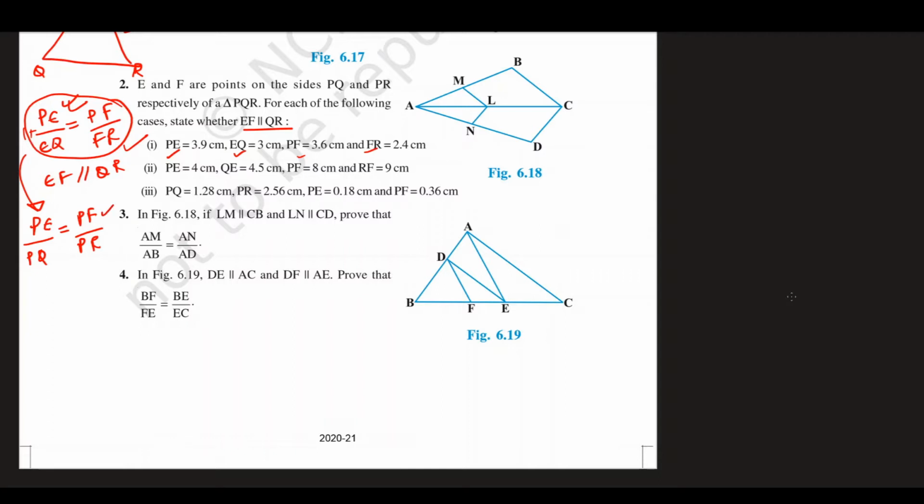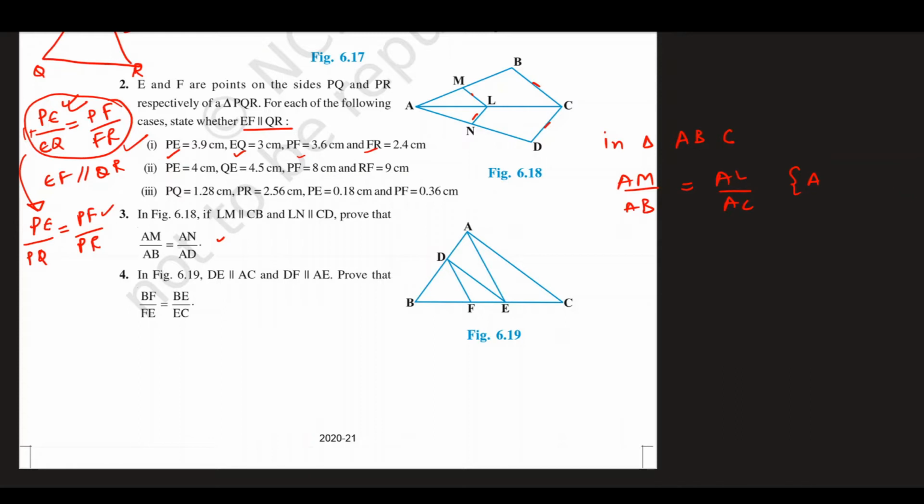In this figure, LM is parallel to BC and LN is parallel to CD, and we have to prove that AM by AB is AN by AD. So just look, in triangle ABC, we have AM upon AB is equal to AL upon AC. Why?